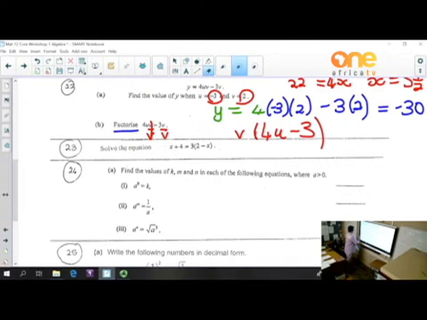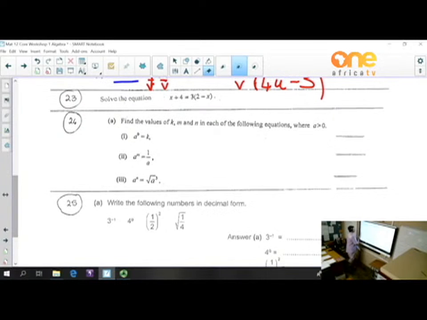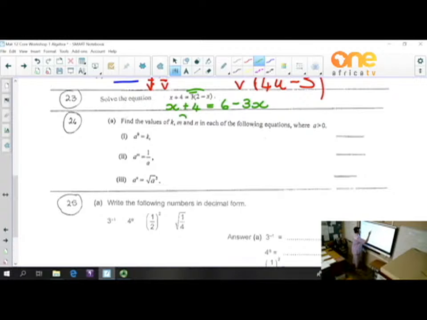Another equation to solve. What must I do? I must remove the bracket. I need to get rid of the bracket. So x plus 4 is equal to 6 minus 3x. Now I collect my x's on the one side, so it will be x. If I bring this one over, I change the sign.